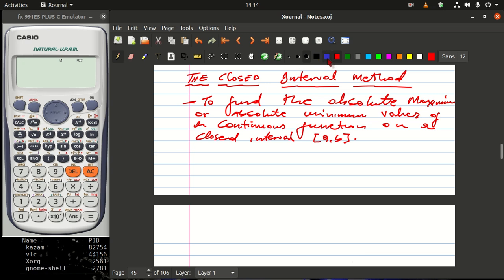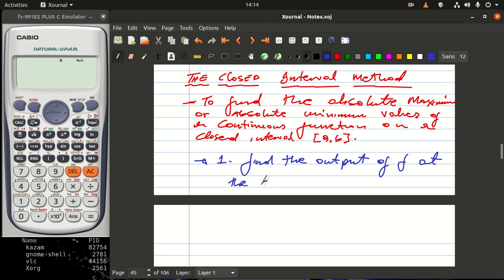So the first thing that you need to do to find the absolute max or the absolute min, first thing is find the output of f at the critical numbers of f on the open interval AB.